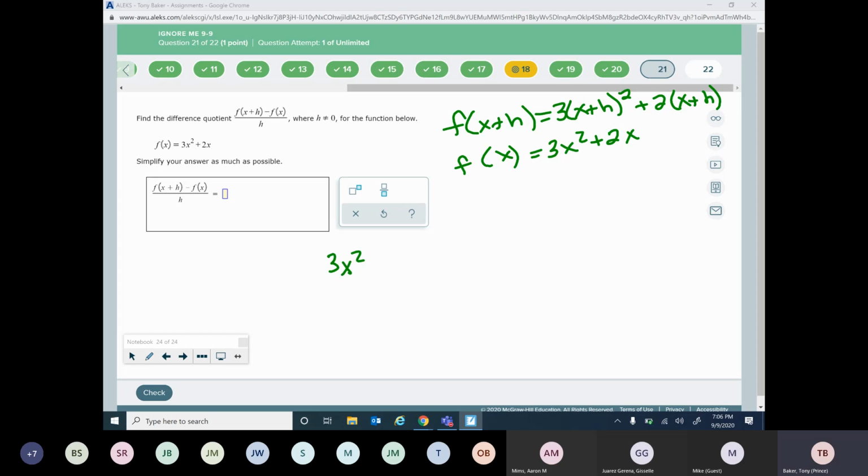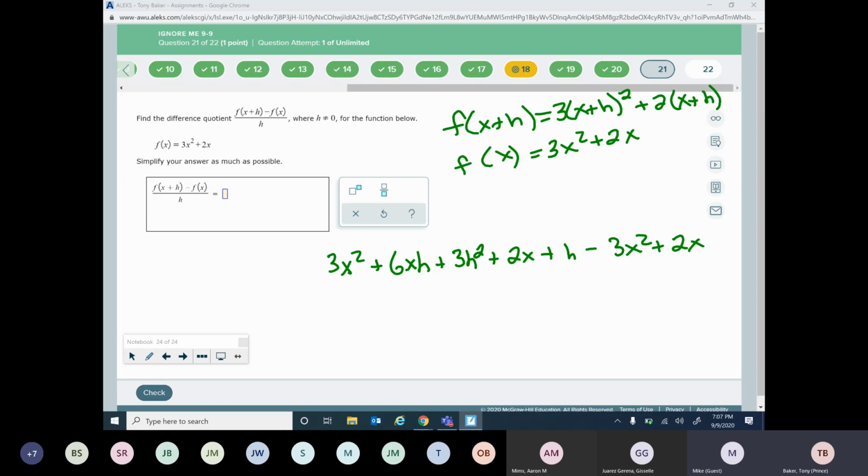3x squared plus 6xh plus 3h squared plus 2x plus 2h. And then we're going to minus 3x squared plus 2x.